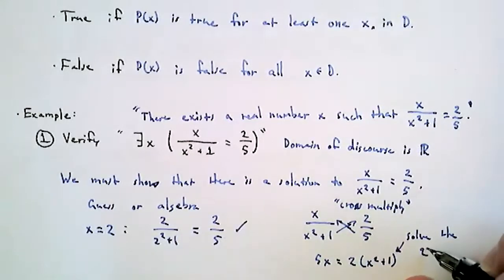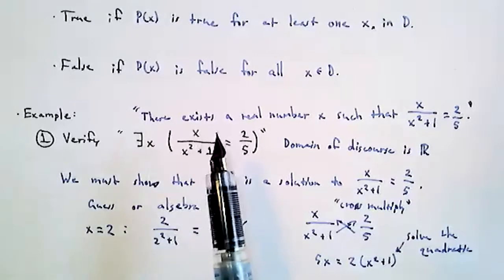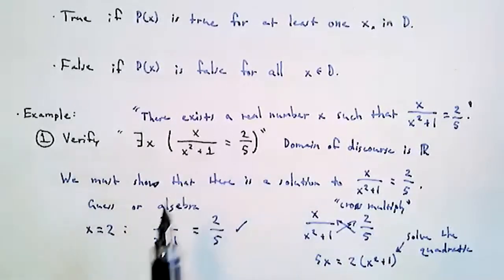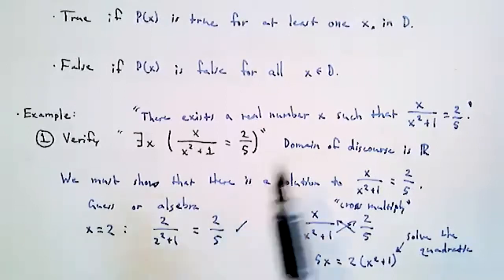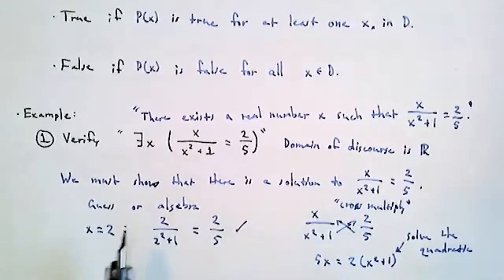So if we have to verify, we have to actually find x in that case. Right. If you want to verify an existential statement, you have to show that it's actually true. There is actually some x that you can plug in. So you have to find it.